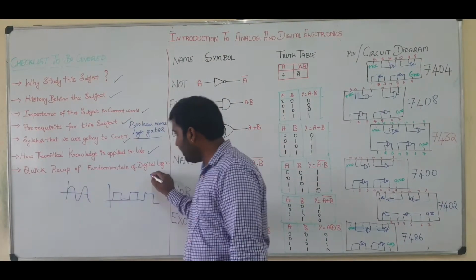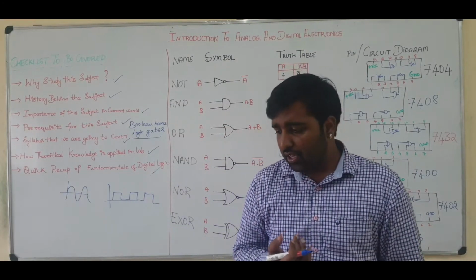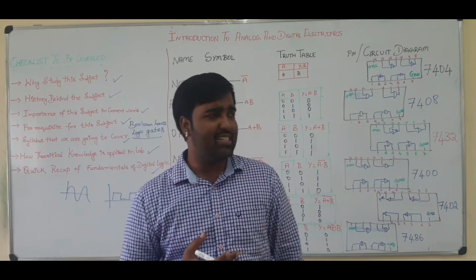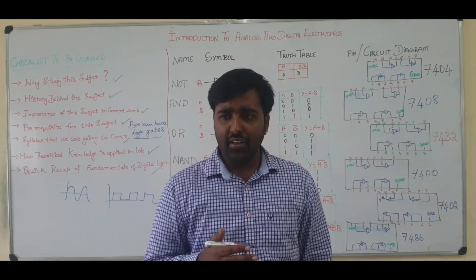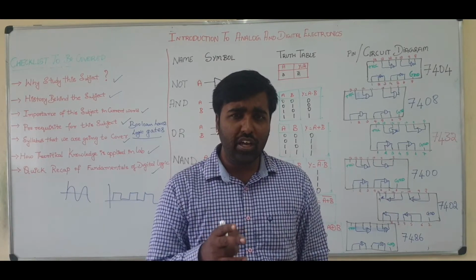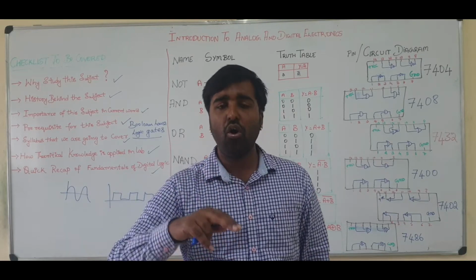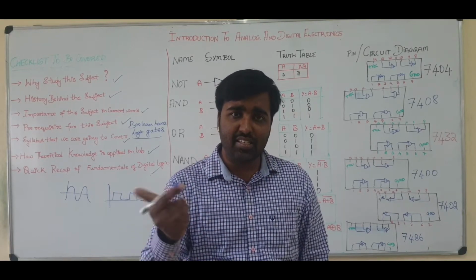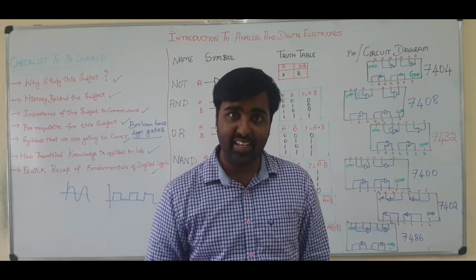So we shall try to have a quick recap of all the fundamentals of digital logic here. Digital logic, as the word tells. When you hear the word digital, there can be only a combination of two things: either 0 or 1. We also call 0 a low signal and 1 a high signal.